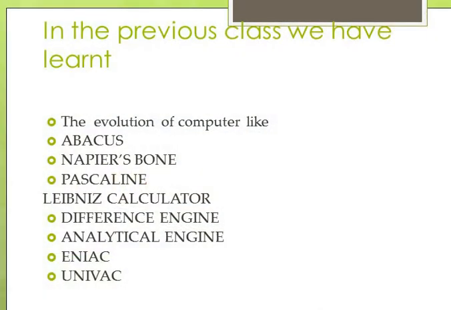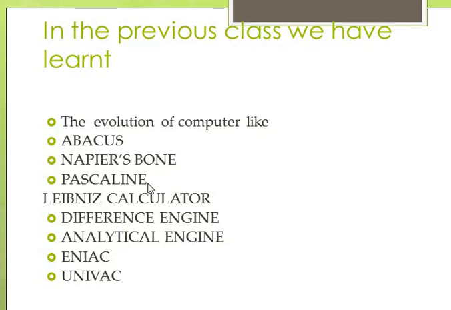In the previous class we have learned the evolution of computers, that is some early calculating devices. First one is abacus, the first calculating device. The Napier's bones, invented by John Napier.